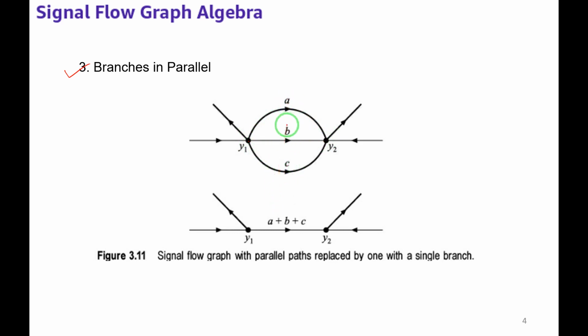If the branches are in parallel, you can replace these three branches by a single branch by adding their gains, A plus B plus C, and indicate that gain on the branch. So whenever we have branches in parallel, just add the gains and replace them by a single branch.